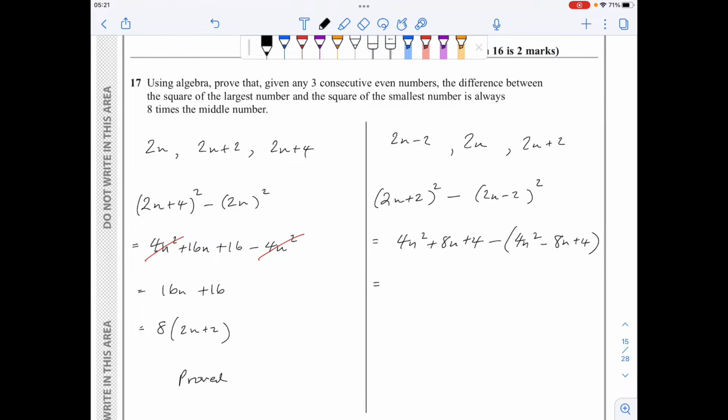Let's remove the bracket. 4n squared plus 8n plus 4 minus 4n squared plus 8n minus 4. I can cancel out the 4n squares as well as the 4, so I'll be left with 16n, which is 8 times 2n, and 2n is the middle number, hence proved.